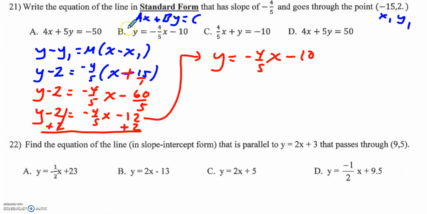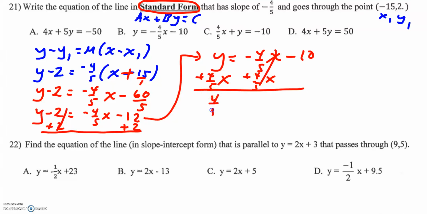Now, notice that is an answer, but if you pick B, that is not in standard form, so we're not there yet. Standard form cannot have any fractions or decimals, and so what we need to do is get this into this format and have the x go first. So I'm going to add the 4/5 x to the other side, and I'm going to get 4/5 x plus y equals -10.